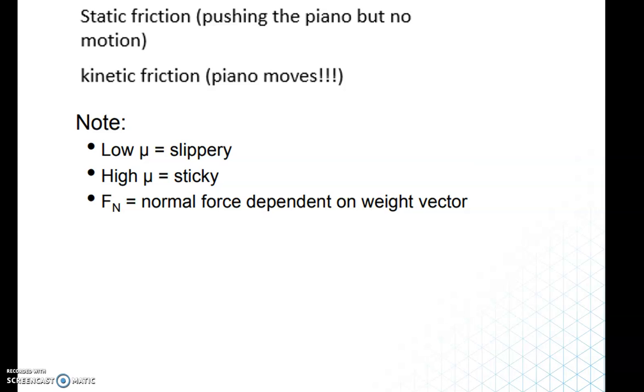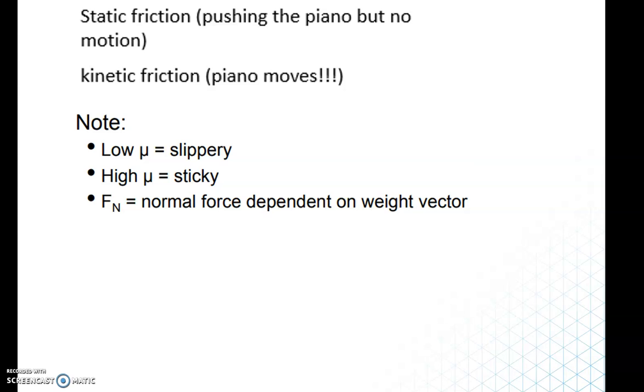They are very slippery, that means the friction is very low. So a lower value of mu represents lower friction. A high value of mu means the surfaces are sticky. When they interact with each other, they stick. That means the friction is very high. So the higher the value of mu, the more the friction.